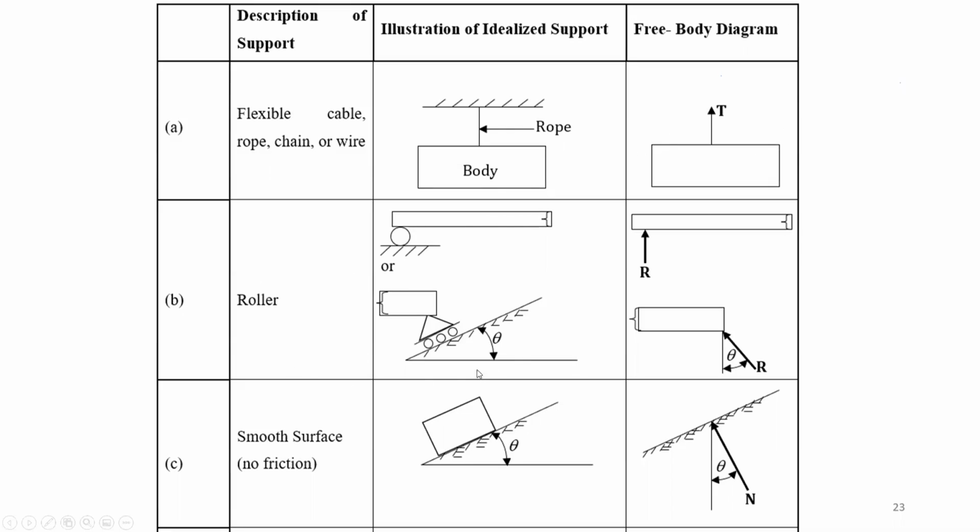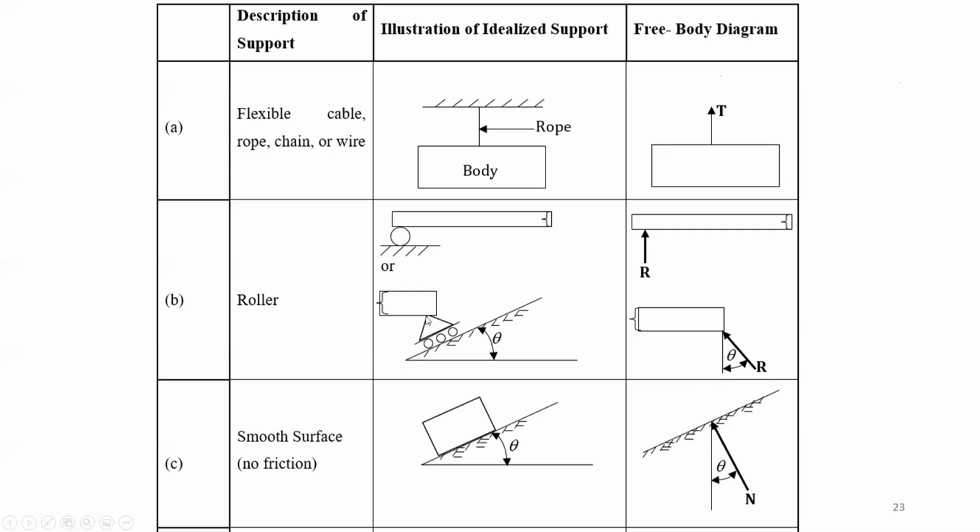If you have a roller support, like I was shown, then we say that you have only one reaction force, and that reaction force is pointing in the positive y direction. So we take note, if that reaction is inclined at an angle, then you must show that angle there, the direction of that force, because this one is not horizontal.